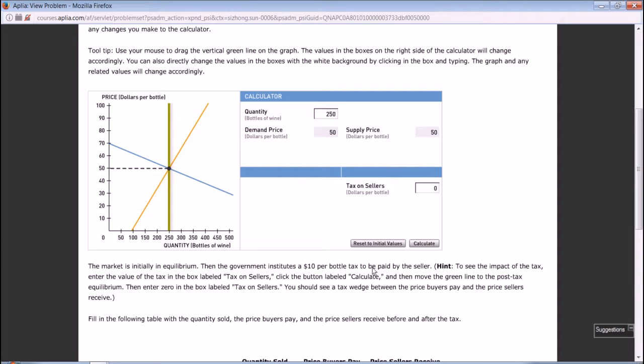Okay, so to put tax into the demand and supply diagrams, you can think that this tax drives a wedge between supply and demand by the tax rate.